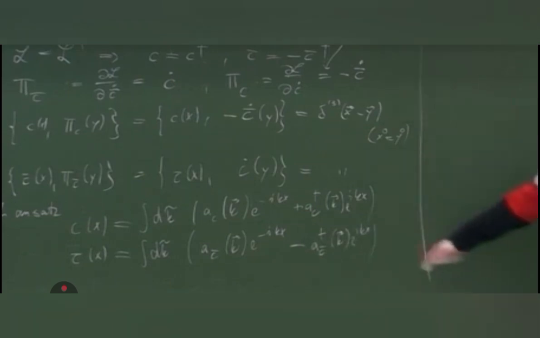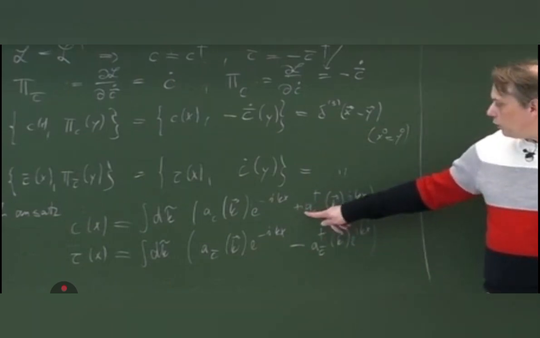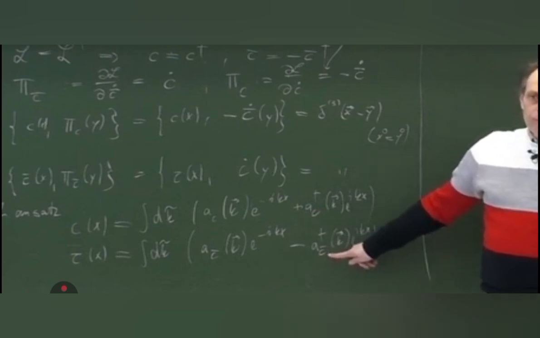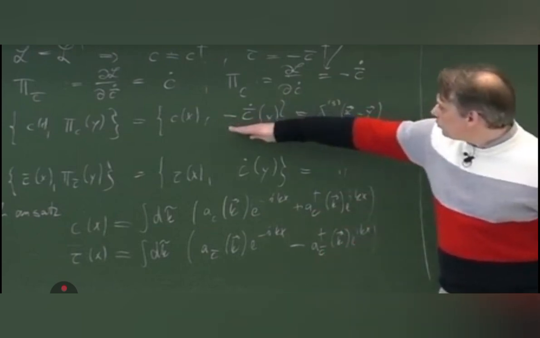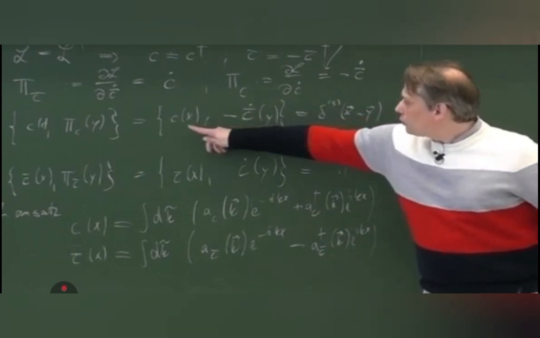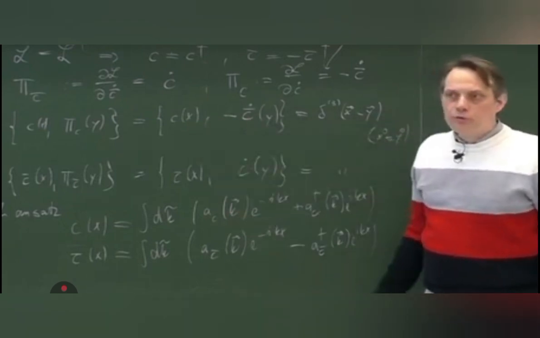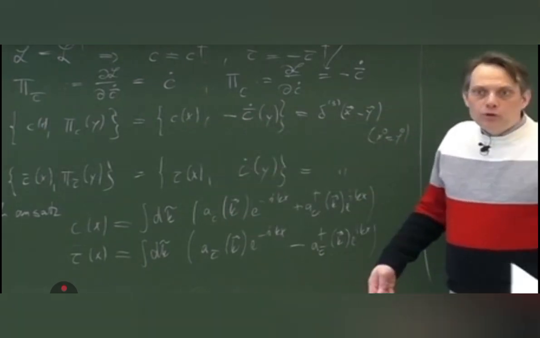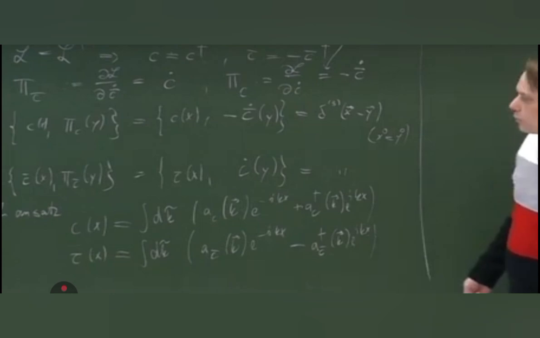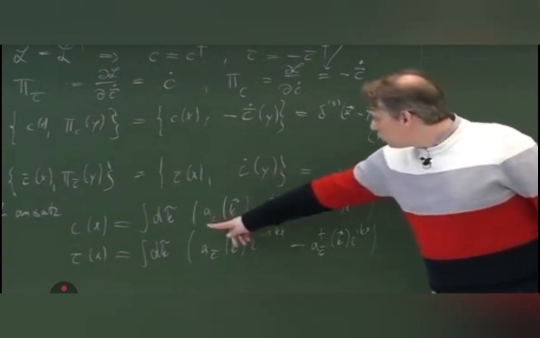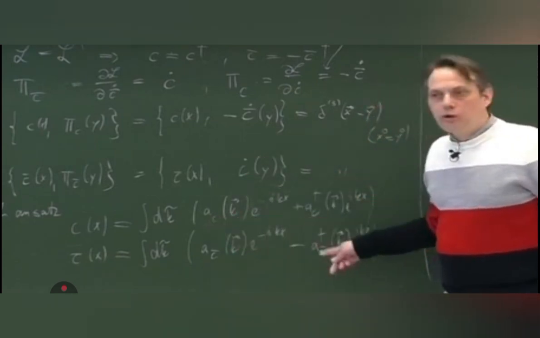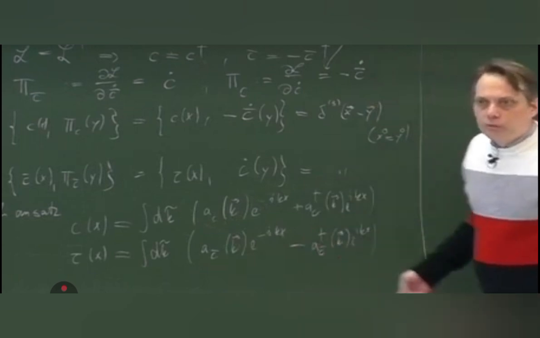And so then we have introduced creation and annihilation operators a c and a c bar, and we have anti-commutation relations between C and C bar fields in position space, and as usual they are equivalently translated into commutation relations between the a c and a c bar. And without calculation we can immediately write down the result.